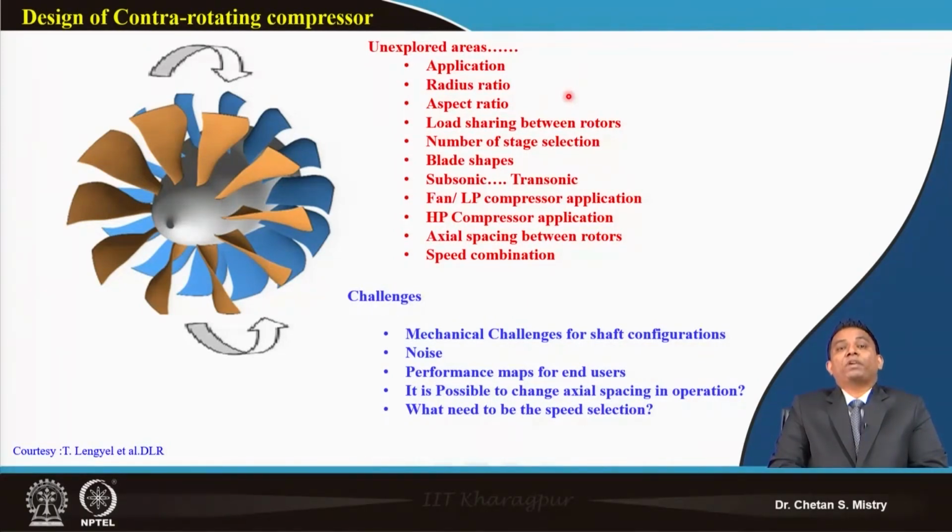So, LP and IP will be acting like a counter rotating kind of configuration. But it is easy to say; when we are making the engine, that is very challenging. So, you need to explore in detail how we can configure these kinds of possibilities.